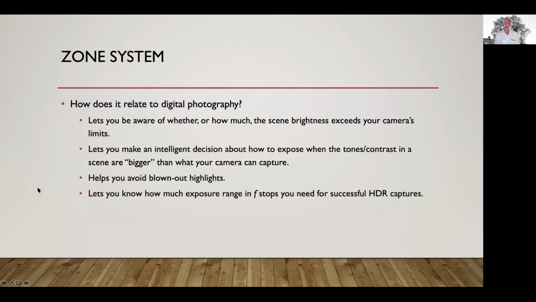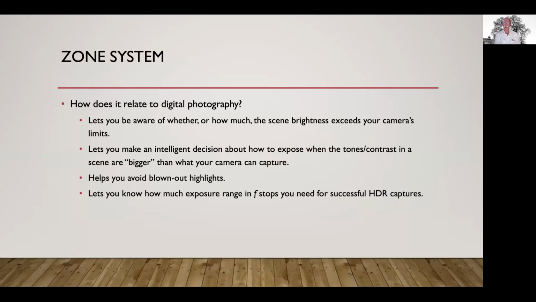Now, how does this relate to digital photography? Well, let's be aware of whether or how much the scene's brightness can exceed your camera's limits. We'll get into this in a little bit more detail. It lets you make an intelligent decision about how to expose when the tones and contrast in a scene are bigger than what your camera is capable of doing.